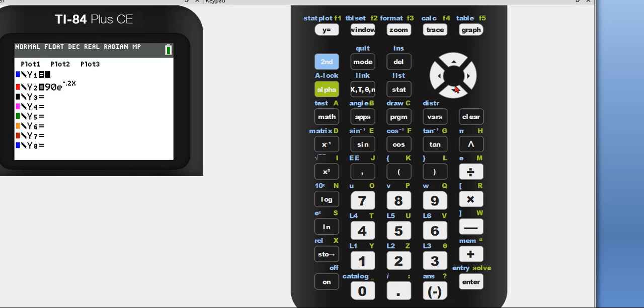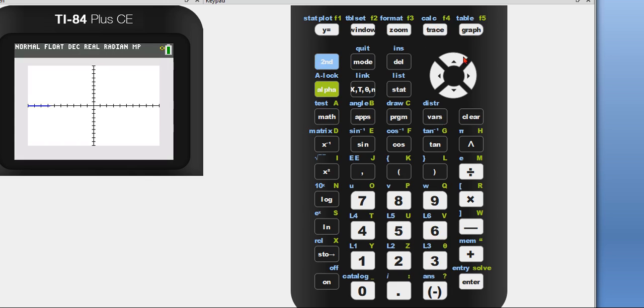For example, you have some function and it is very complicated. But you're not interested in the function itself, but you're interested in the derivative.